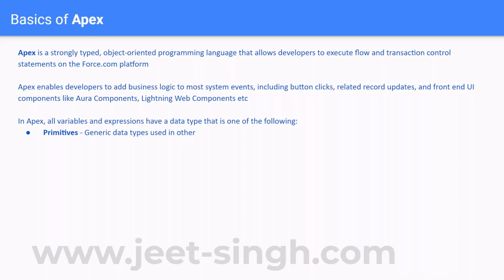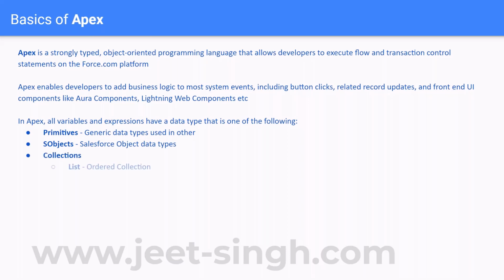One is primitives. What is primitives? Primitives basically refers to the generic data types which are used in other programming languages also. I'm going to come to these one by one again. SObjects. SObject basically refers to the Salesforce object data types like account, contact, that sort of thing.